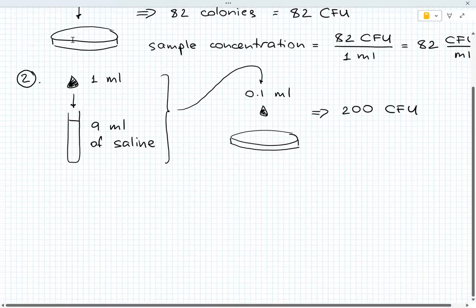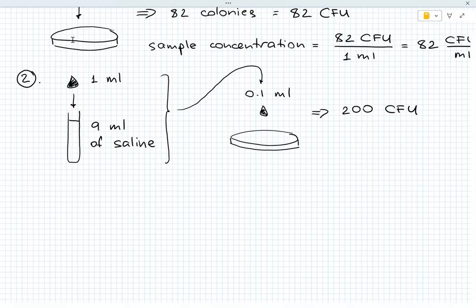So how do you calculate the concentration of bacteria in the sample? First of all, the first question that you have to ask yourself: these 200 colonies, in which volume did they come? They came in 0.1, right? This 0.1 milliliter contained 200 CFU.